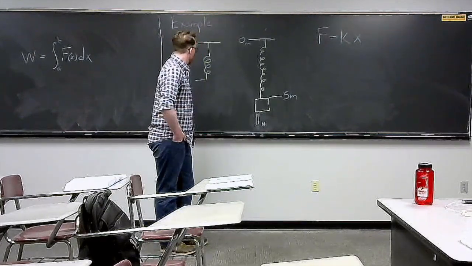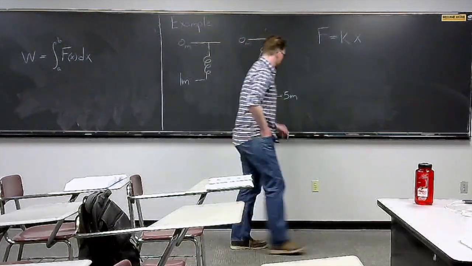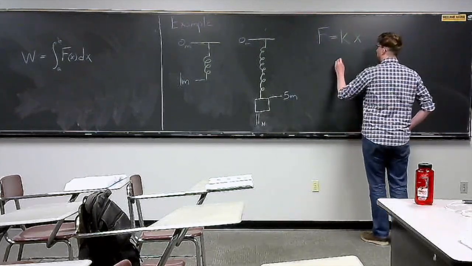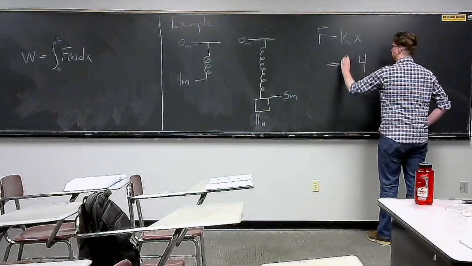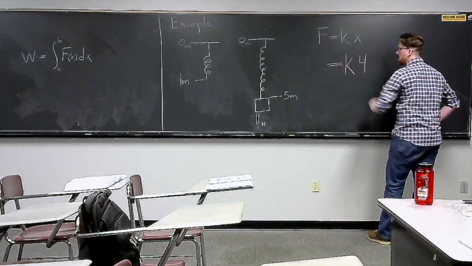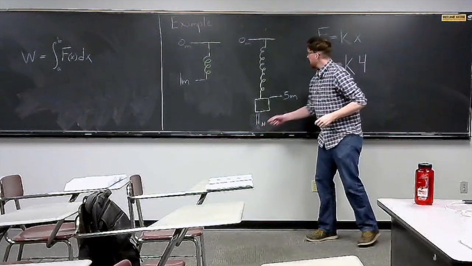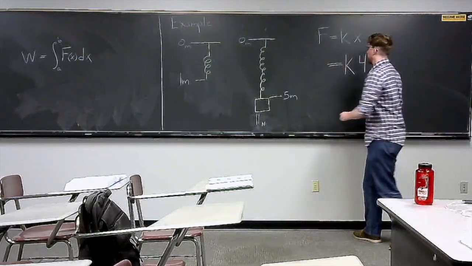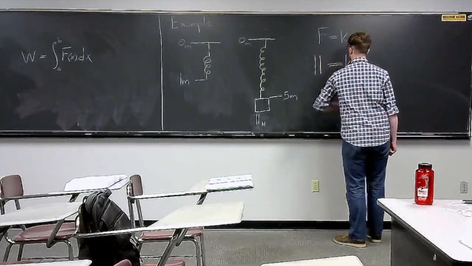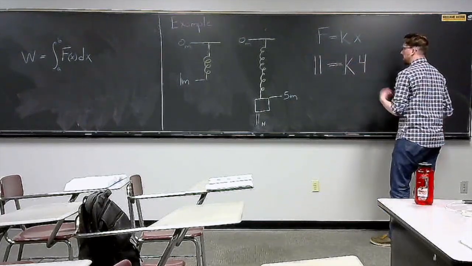Well, in our case, the displacement here is obviously equal to 4, right? We don't know what k is, but we know that the force has to be equal to 11 newtons. So this lets us then solve for k.